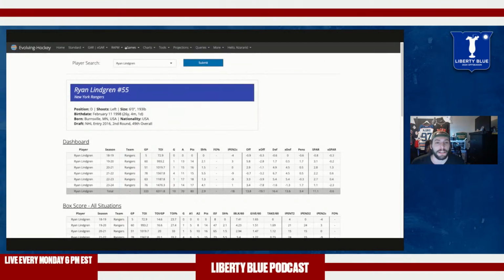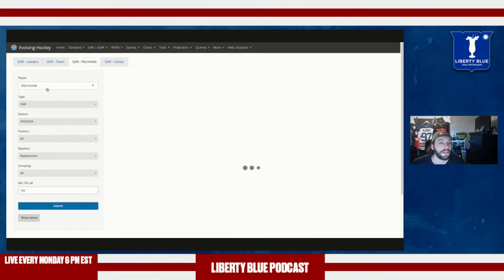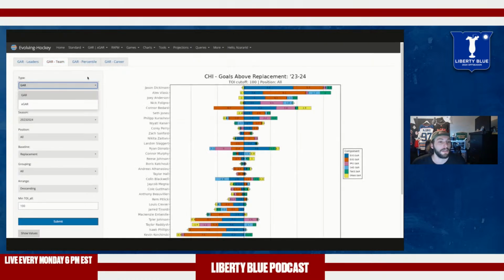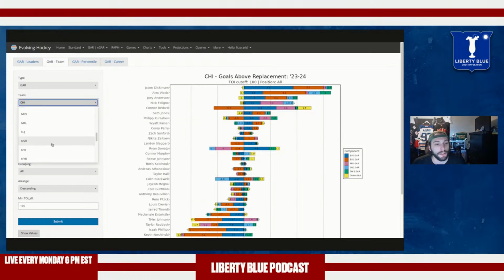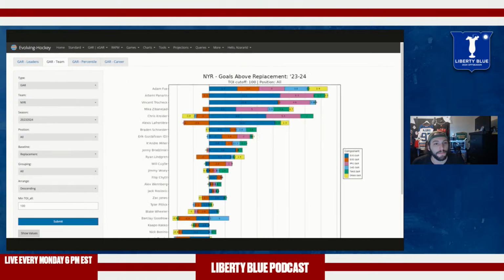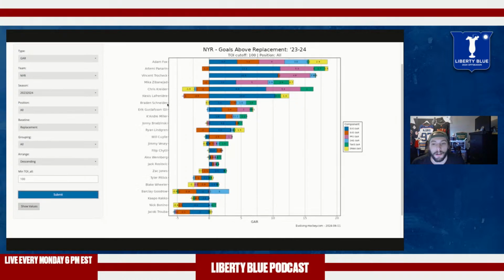And we can look at, where is it? Here's expected goals against. Where is team? We want Rangers. Yes, here we go. We look at goals above replacement. Fox, Panarin, Trocheck, Kreider, Zibanejad, Lafreniere, Schneider, Gustafsson, Miller, Brzezinski, Lindgren.